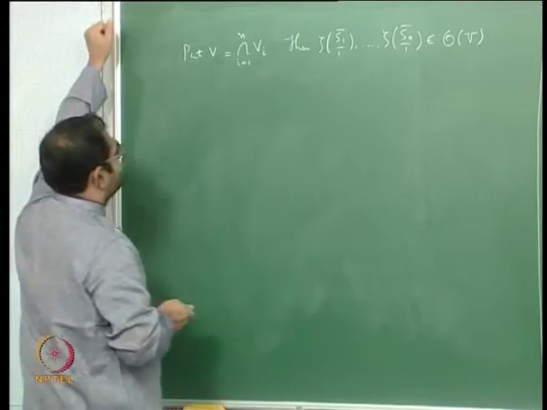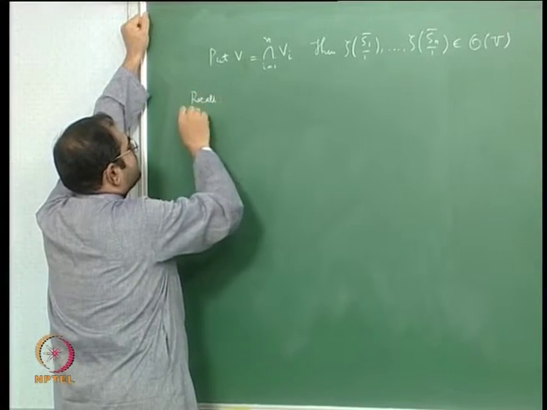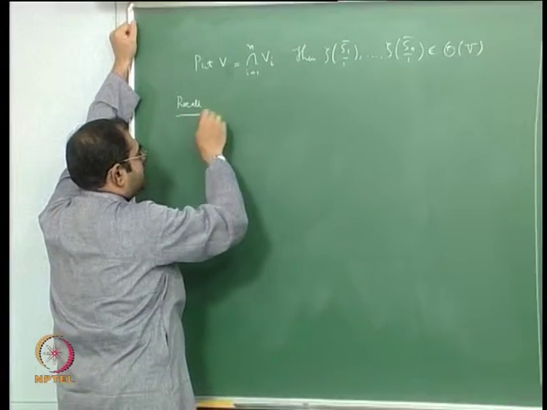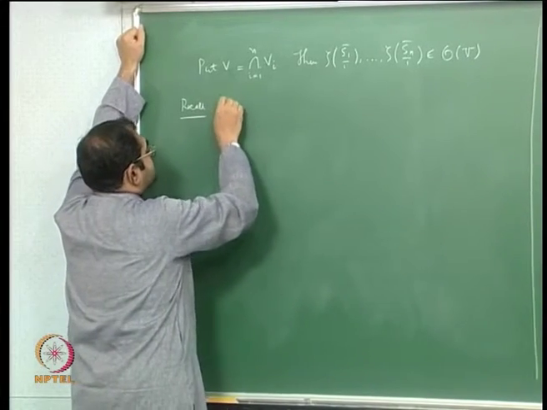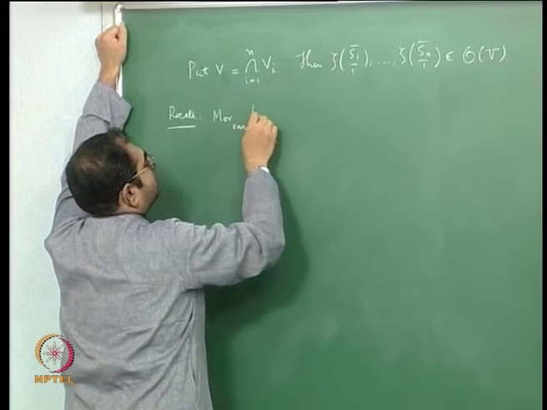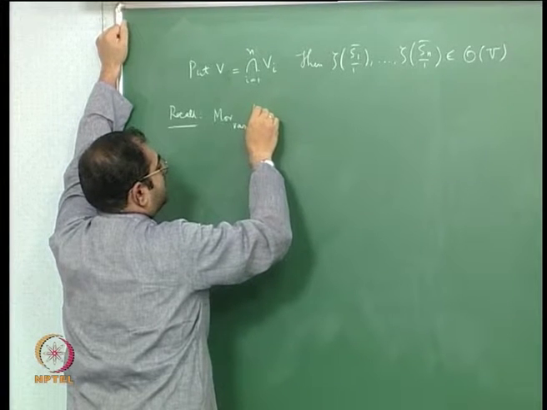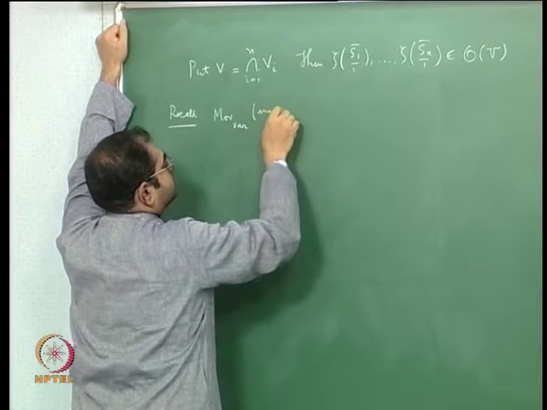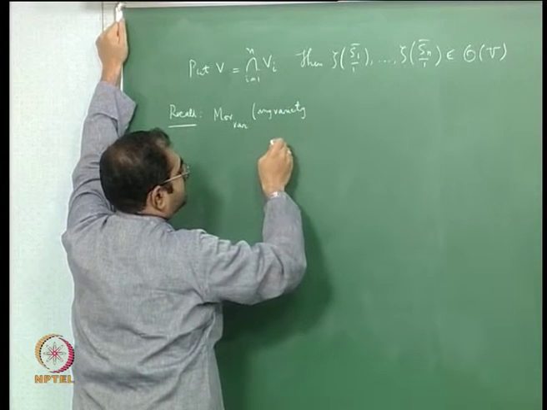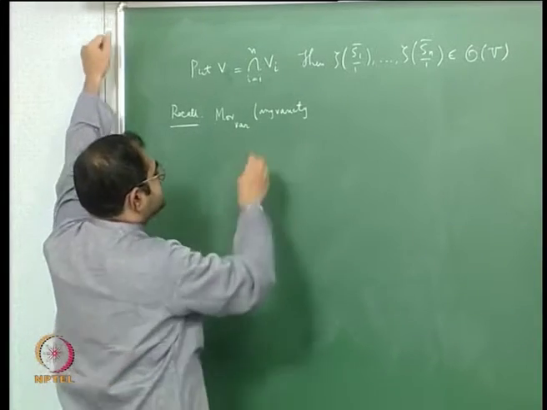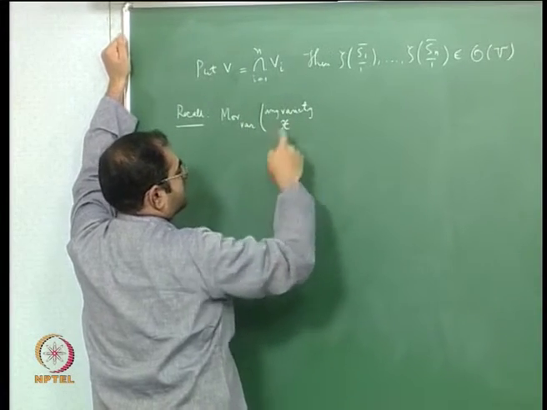So the point is that we use this fact here. If you recall, there is a canonical bijection between the morphisms of varieties from any variety, let me use some script notation, I am short of symbols.